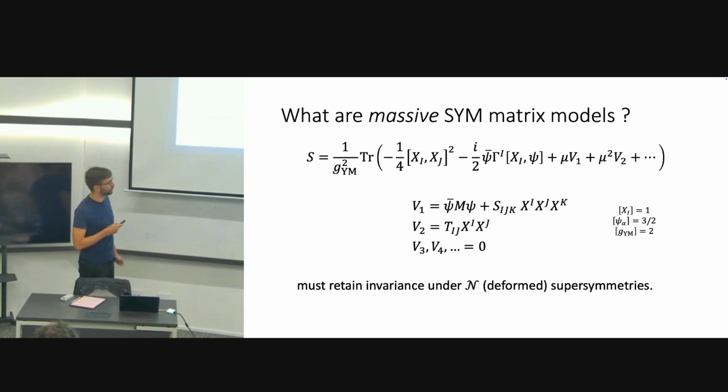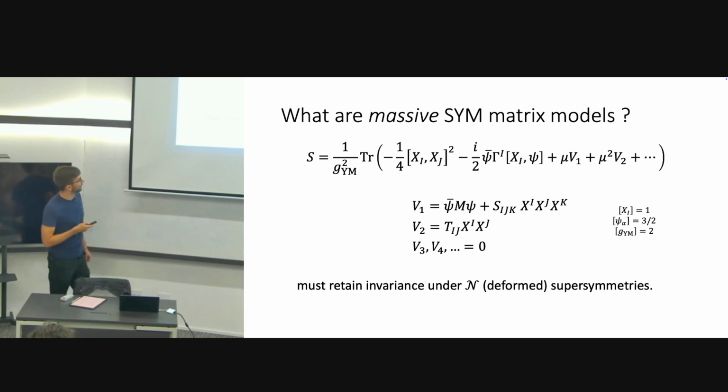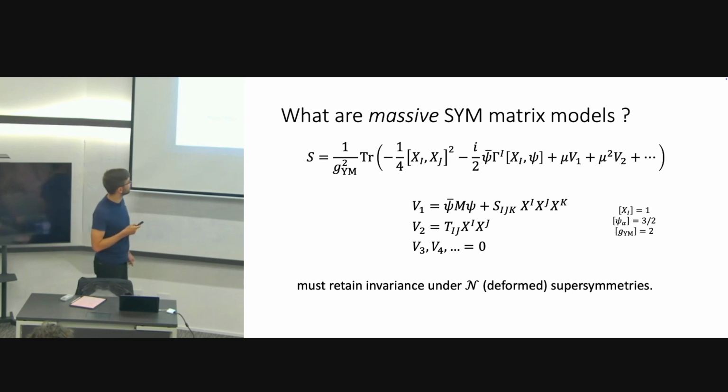This is exactly the form that polarized IKKT has, but now I allow V1 and V2 to be generic. The more pragmatic answer is that I want to deform this action by something that, when x is very large, is subleading compared to the original piece. If you want, that's a convincing argument. But in practice, that's my set of rules, and that's what I'm going to assume for this talk.